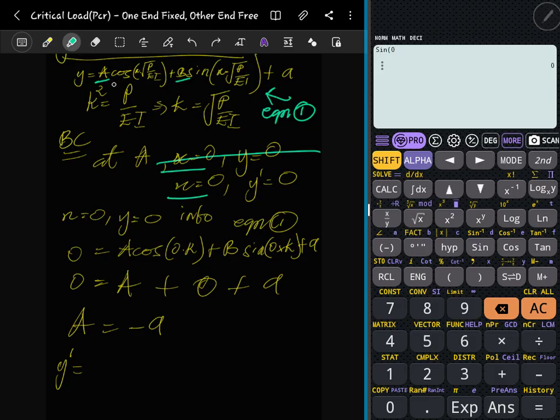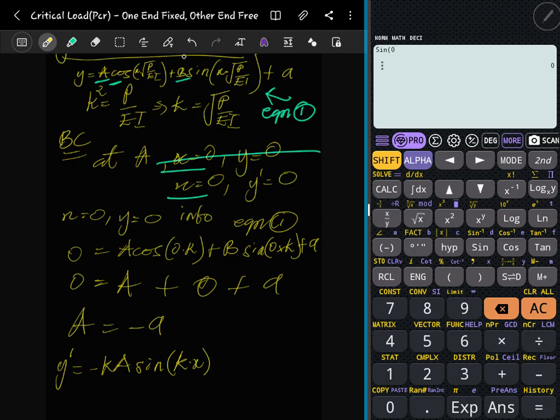First of all, find the derivative of this cos, which gives us minus sine. And then the derivative of the inside is k, so that's minus kA, and then we have sine of kx.